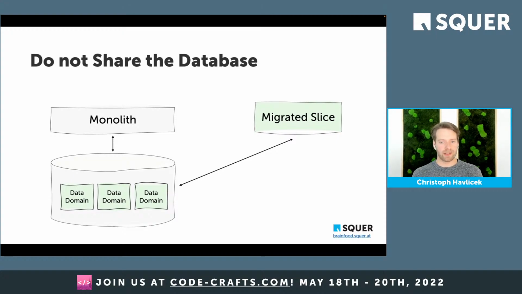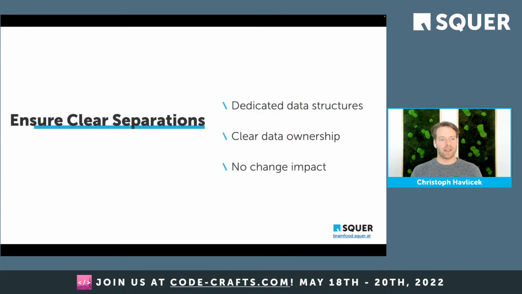This, of course, couples the slice and the monolith tightly together during development, and also during runtime. Every time the monolith changes its data structure, the migrated slice has to change as well. And it becomes very hard for the migrated slice to get independent. Last, of course, data consistency is always an issue in this scenario. The risk of having corrupted data, because the monolith writes data and the migrated slice writes data, increases. So what we actually want is a clear separation.